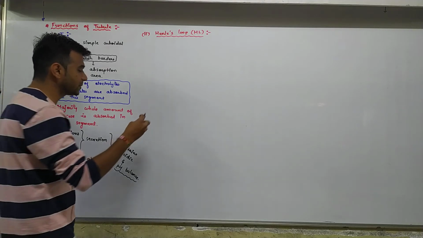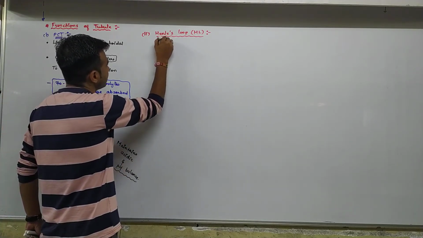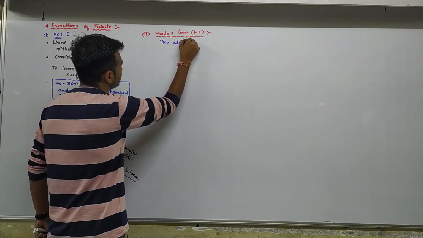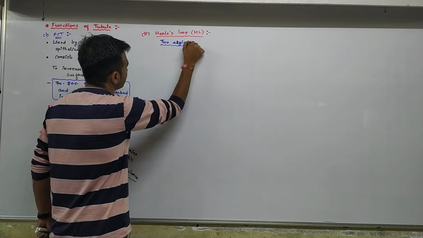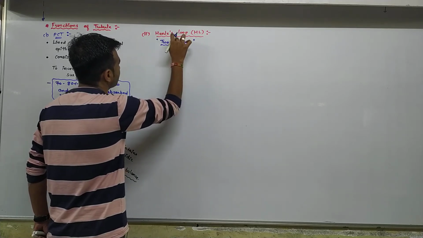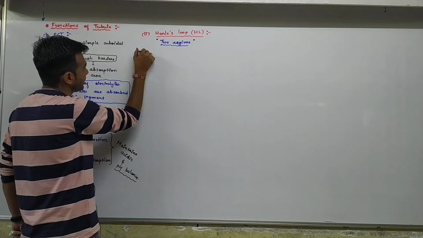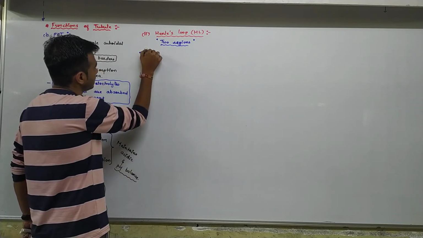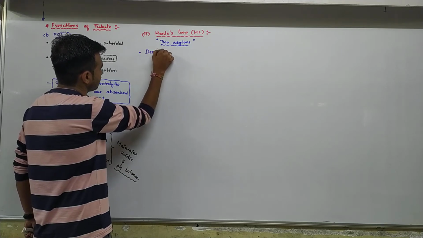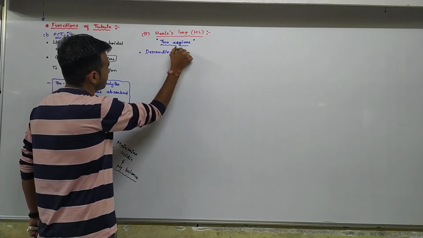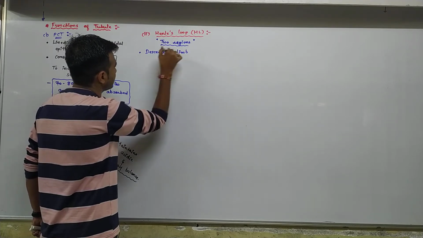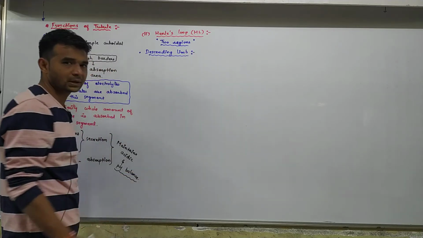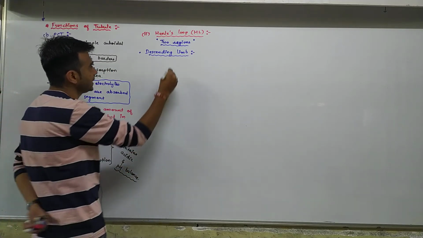So here Henle's loop consists of two regions. See, the first part which goes down is the descending limb of loop of Henle.